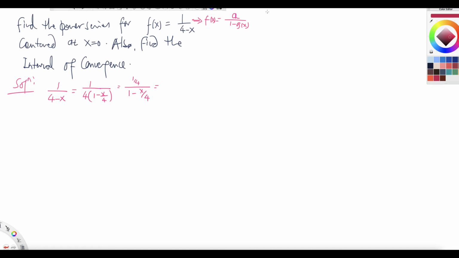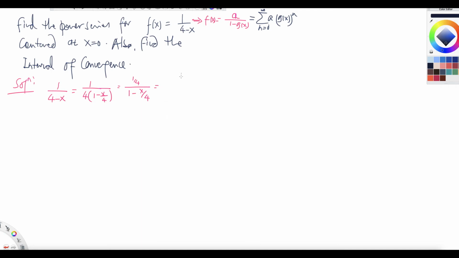But what is the formula for that? This can be written as the summation from n equals 0 to infinity of a times g(x) to the n, because a over 1 minus r can be written as a r to the n. Here g(x) is the common ratio.